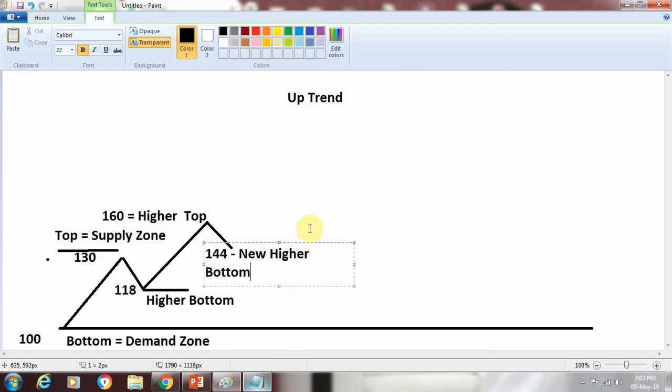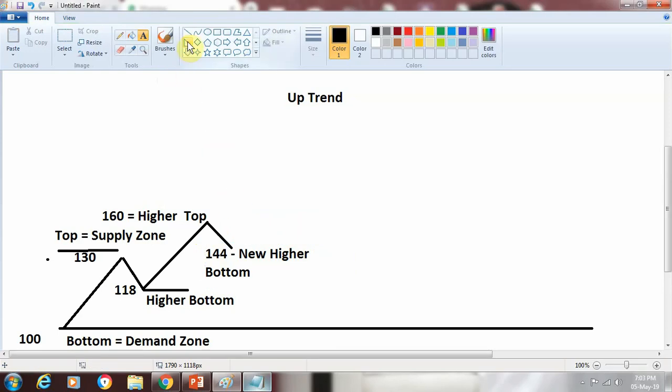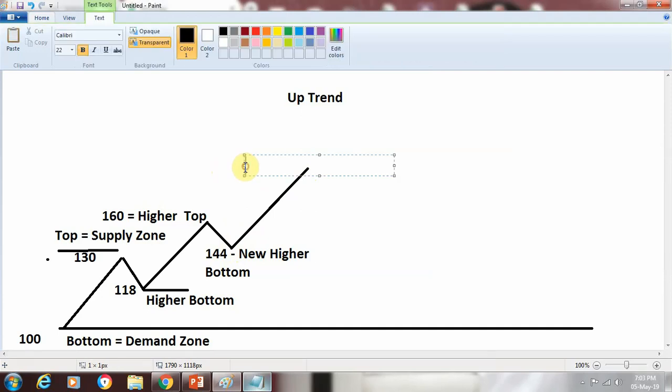So this again is a place where people would think that it is more attractive and more participation will take place, which is going to push the price even higher. So now it reaches the 200 mark, right? So now if I say here it's 200, a new higher top, right?